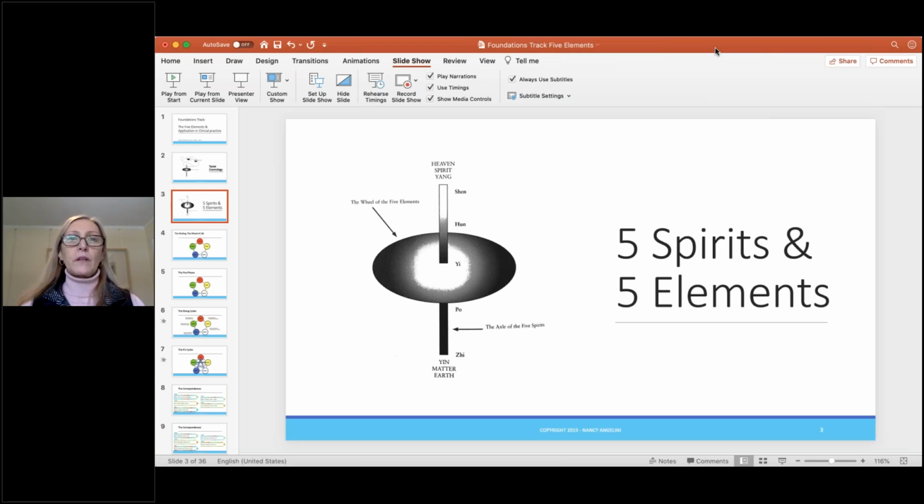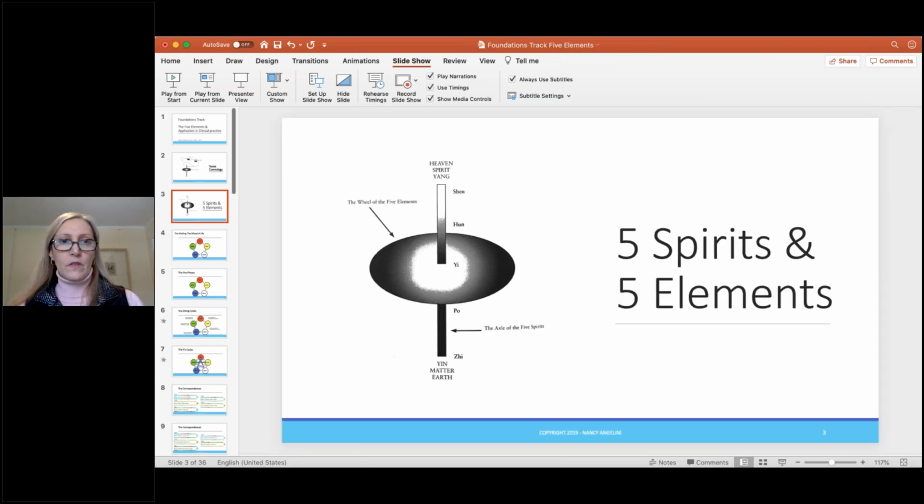Not my favorite, but for some reason when I go into slideshow, it's not showing the advancement of the slides. I apologize. I'm sure the problem is I don't have a control panel anymore. It disappeared. I could leave the meeting and come back and see if we can fix it. Do you want me to do that?